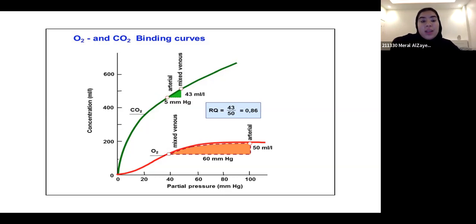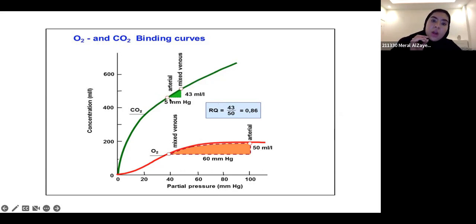This, however, only increases our carbon dioxide partial pressure by 5 millimeters of mercury, okay? Changing it from 40, where it originally was, to 45. This literally shows you, compare this 5 millimeters of mercury with this 60 millimeters of mercury of partial pressure of oxygen.